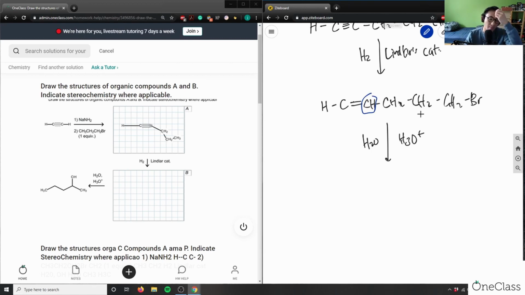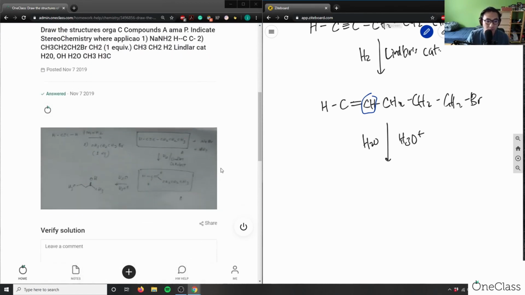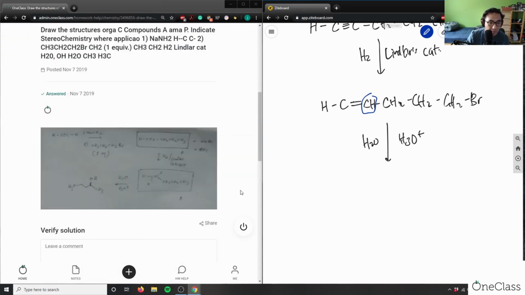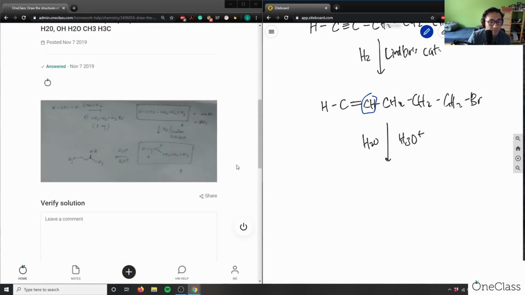And then the acid workup is going to simply provide hydrogen protons to stabilize this compound. So let me see what solution they have here. It's kind of blurry, but NH2 makes this H triple bond C, C2, NaBr here.